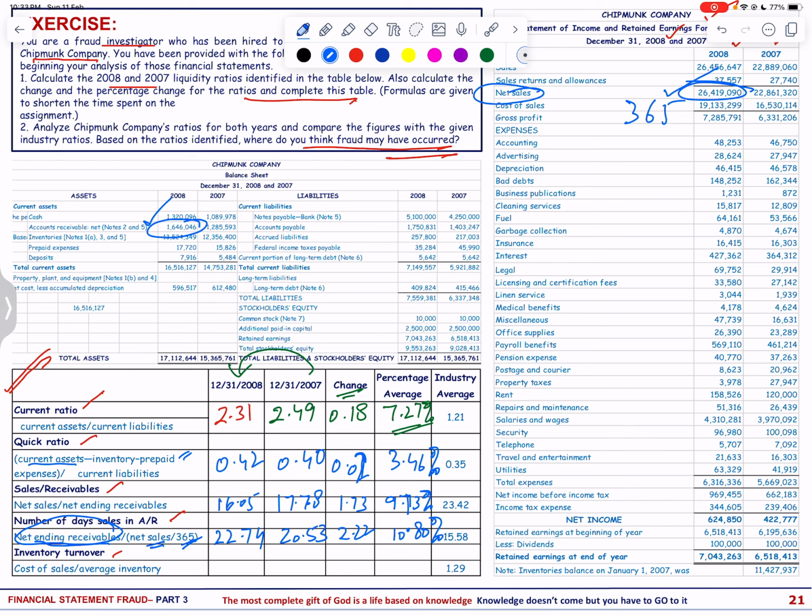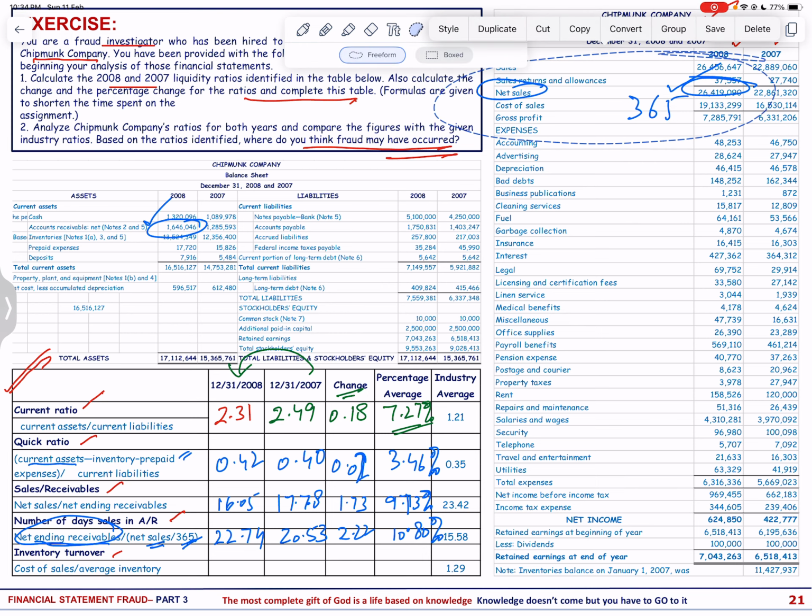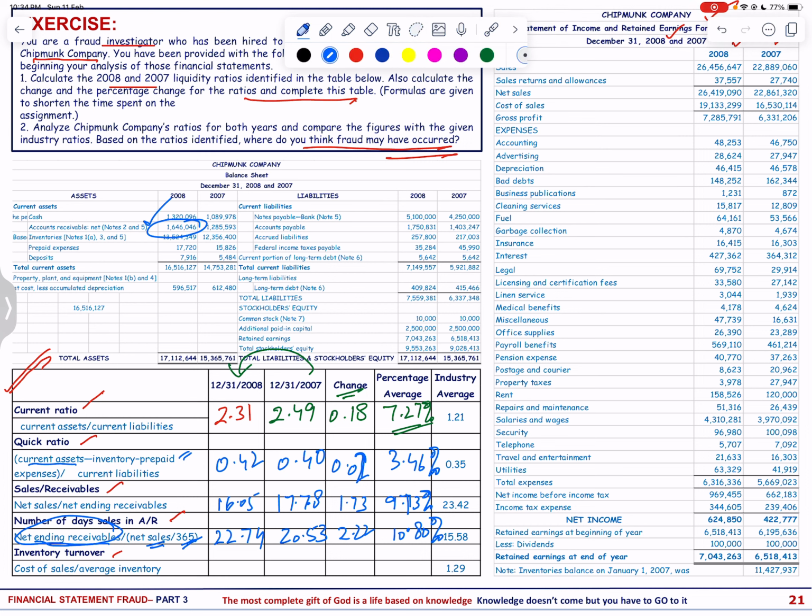Next, we go for the inventory turnover, and that is cost of sales. And the cost of sales is 19,133. So we have the cost of sales divided by average inventory.